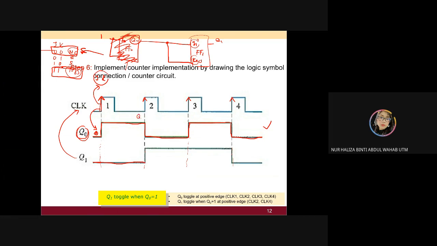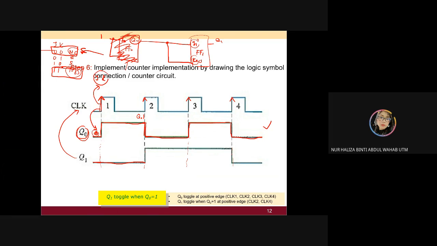Okay? No change. You continue until you meet the next clock. Now your Q0 is 1. At this stage, Q0 is 1. Then what are you going to do? If you remember, you're going to have 1 and then drop. So there is a few milliseconds in between. That's why you pick the Q0.